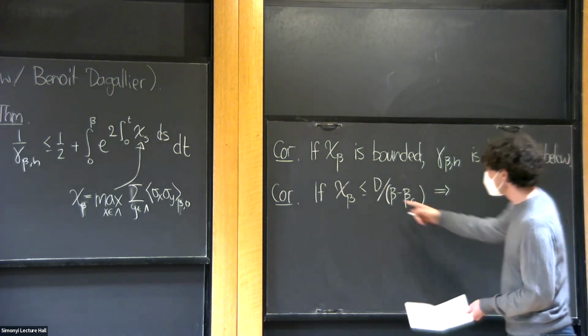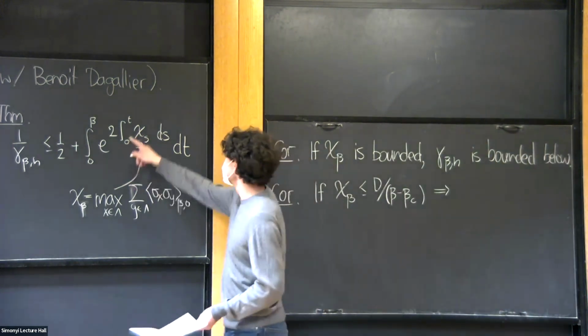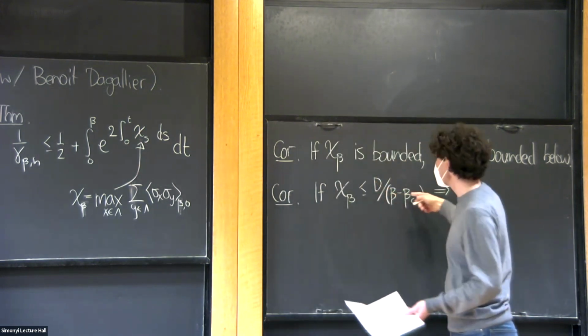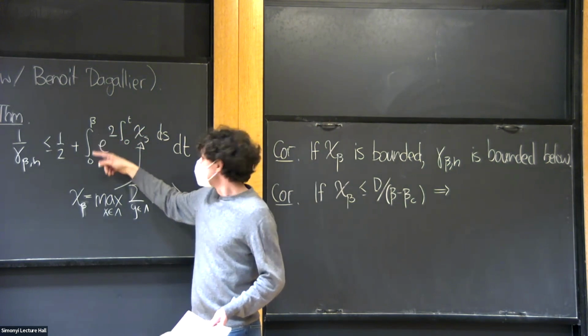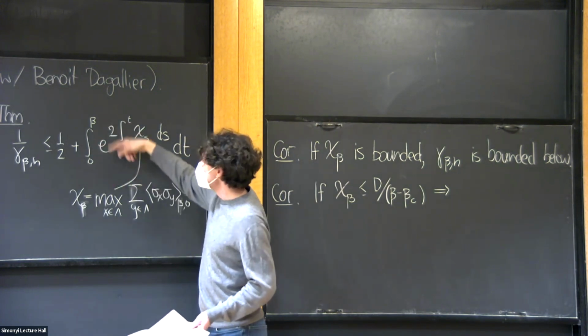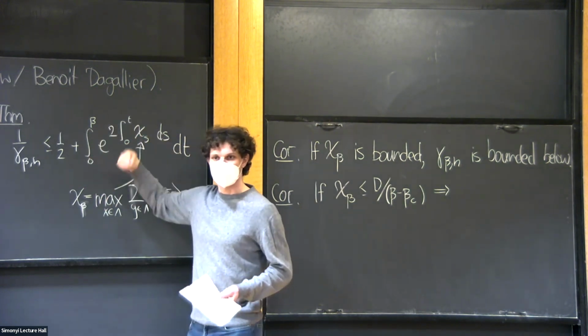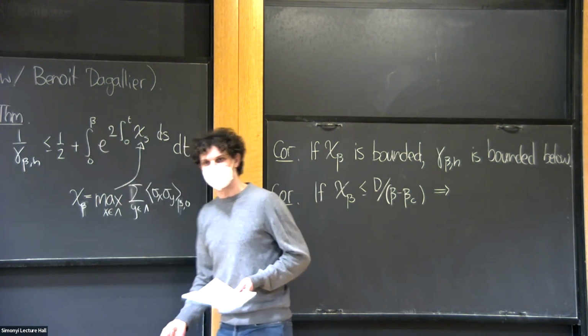Then you can substitute this into this bound. You do the integral of 1 over beta minus beta c. You can see you get a logarithm, and then you have a logarithm in the exponential. It's a polynomial. You integrate a polynomial, you get a polynomial.